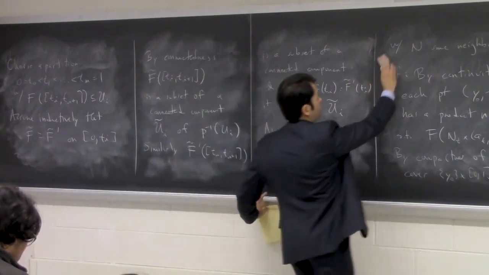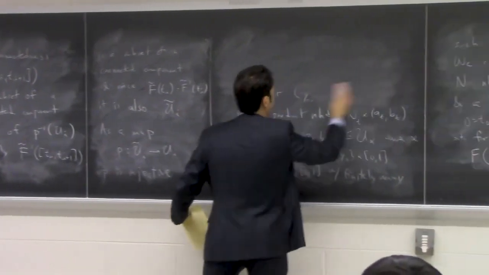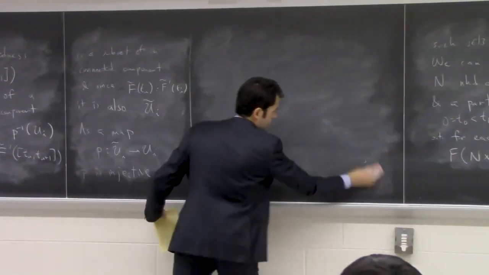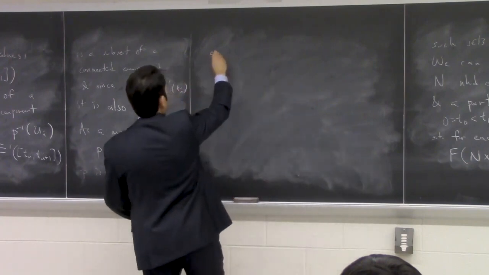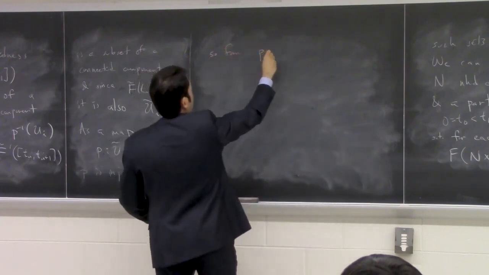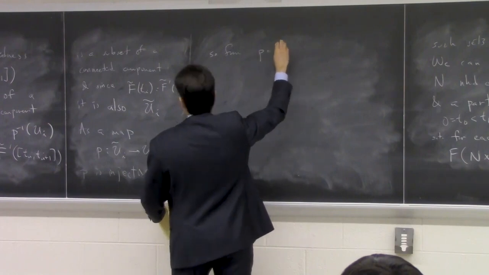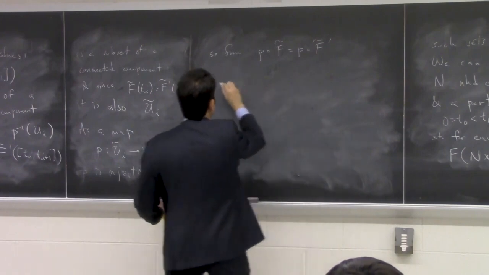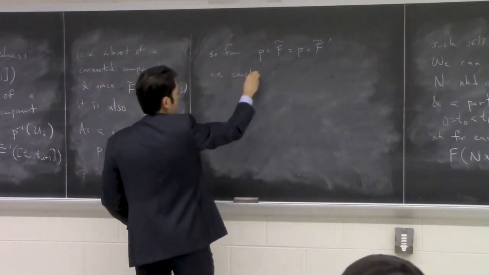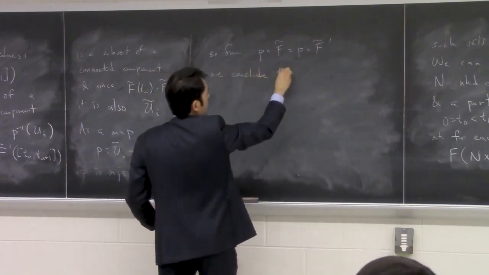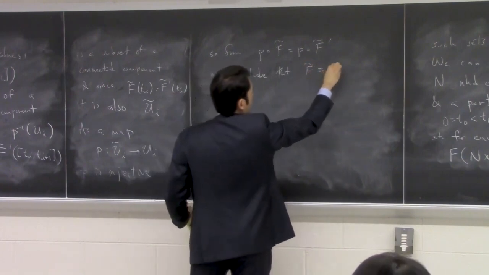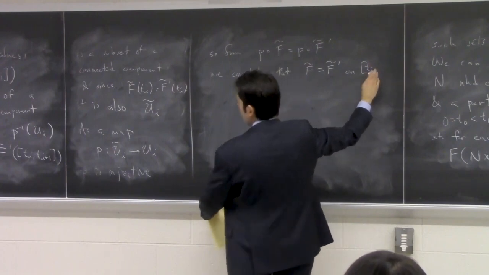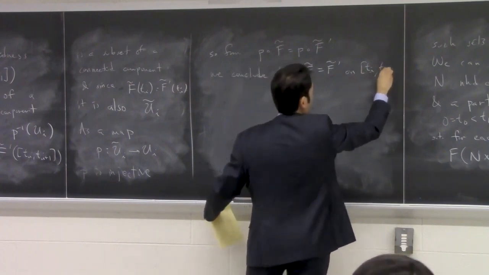And so from P composed with F tilde equal to P composed with F tilde prime, we conclude that F tilde and F tilde prime are the same on Ti plus 1.